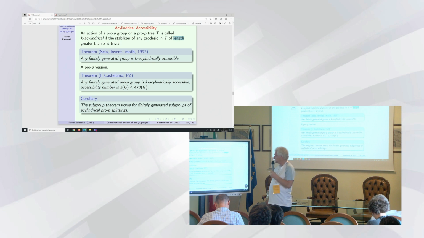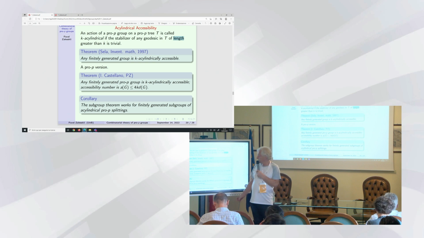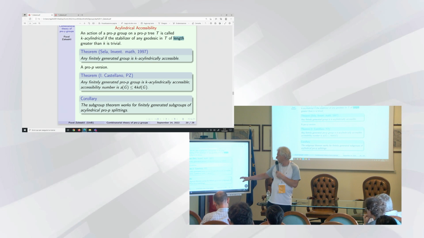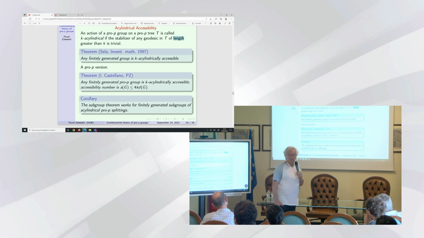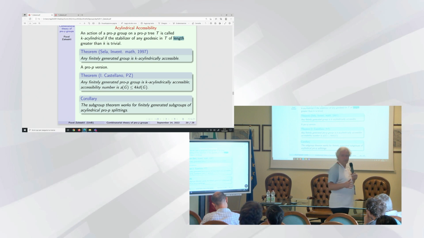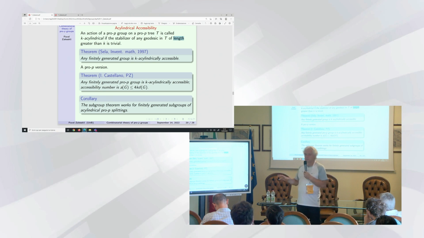A very important corollary of this, as I mentioned, is that the subgroup theorem works for finitely generated subgroups of acylindrical pro-p splittings. In that case, Bass's theorem works in full strength, namely subgroup theorems are true.